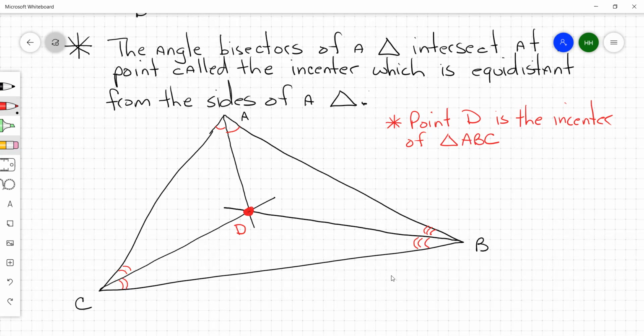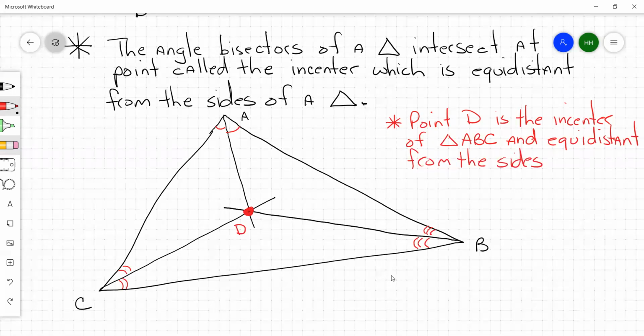Point D is the incenter of triangle ABC. And let's do this, just add to this right here. And equidistant from the sides of the triangle. Point D is the incenter.